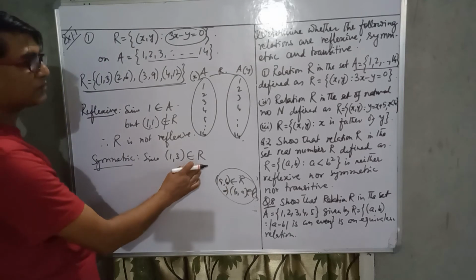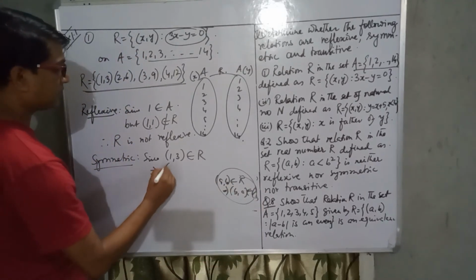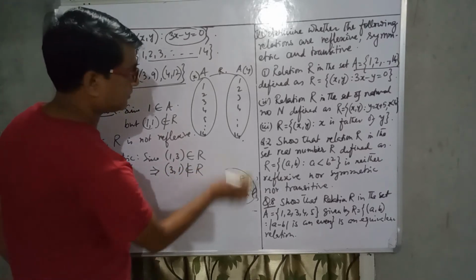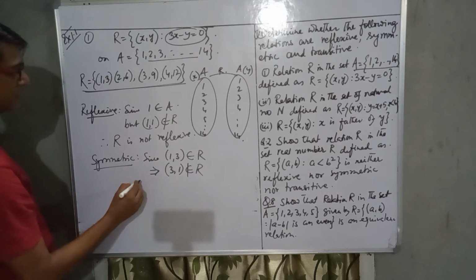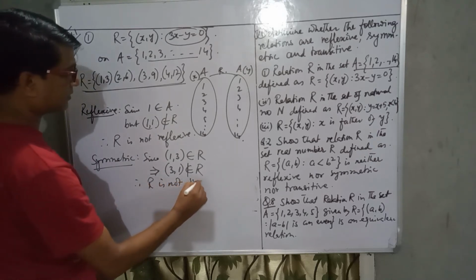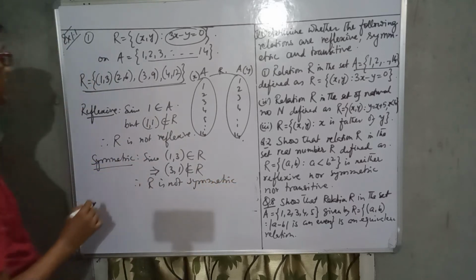So (1, 3) belongs to R. Does (3, 1) belong to R? No. (3, 1) does not belong to R. So R is not symmetric. Next one is transitive.